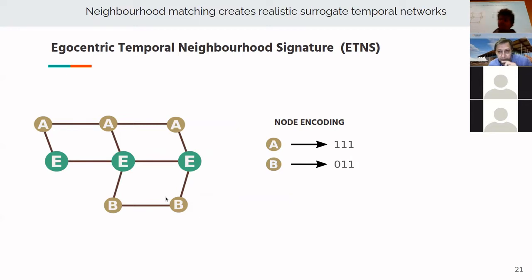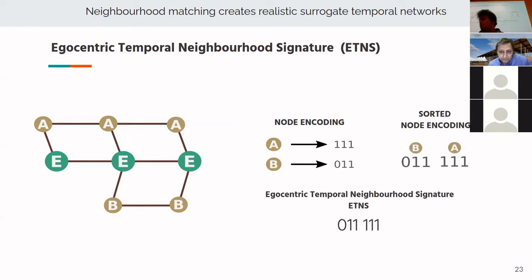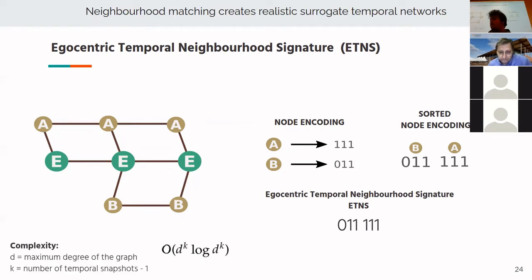Cool. When we have this node encoding, we simply sort and concatenate it. When we have this string, in the paper we show that comparing strings is identical to doing the isomorphism test. And in fact, the complexity of this algorithm is really low compared to the real isomorphism test.